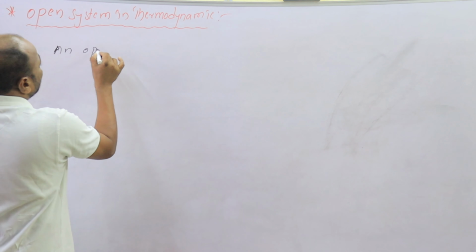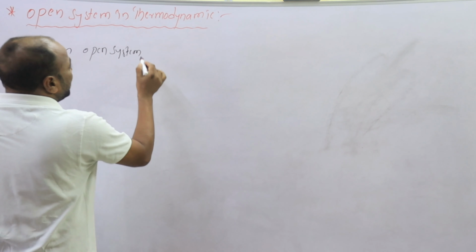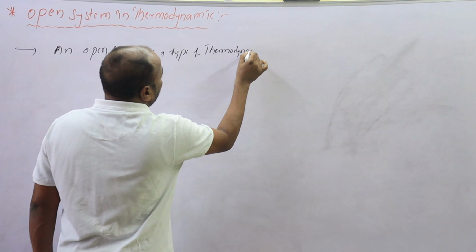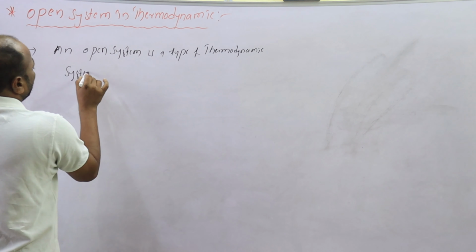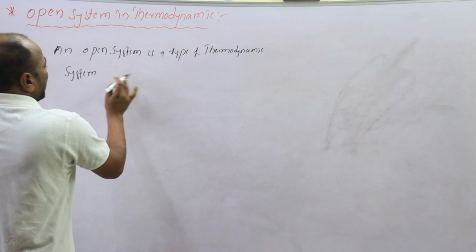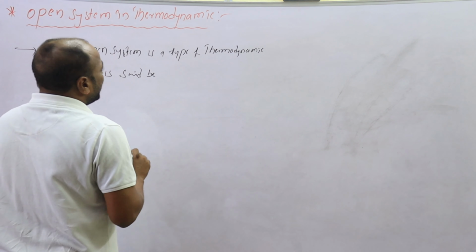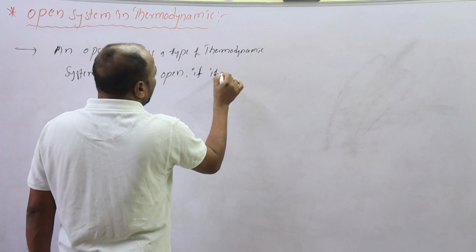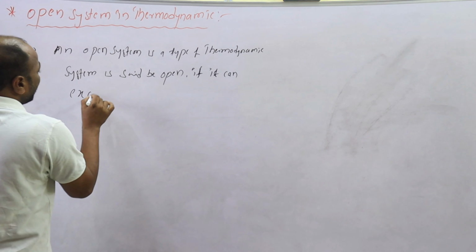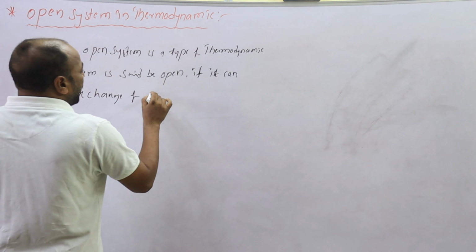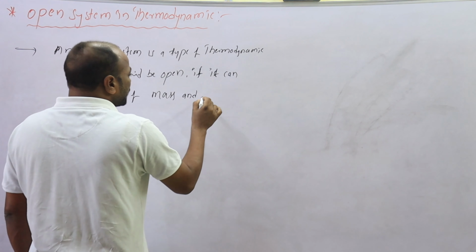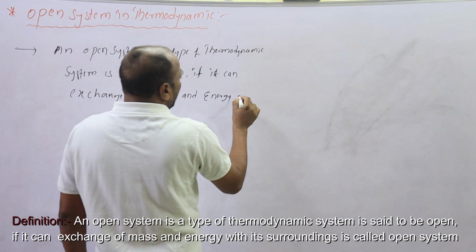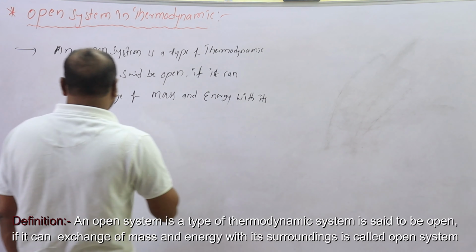A thermodynamic system is said to be open if it can exchange both mass and energy with its surroundings.